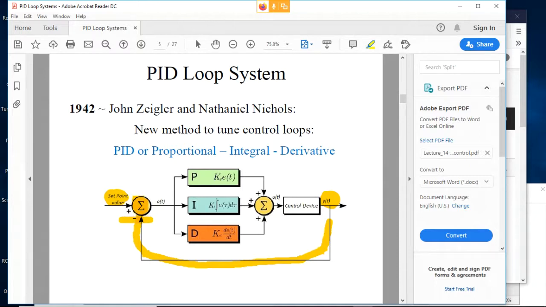This generates an error signal. The error is the difference between the set point, where we want to be, and the actual output, where we actually are.